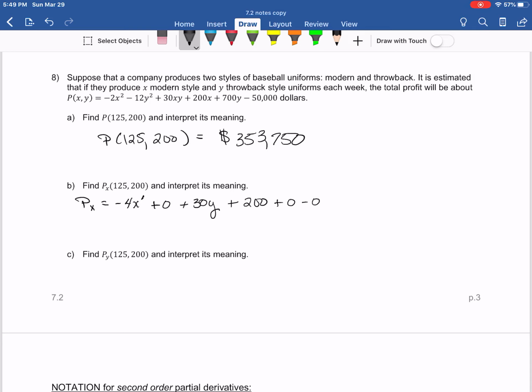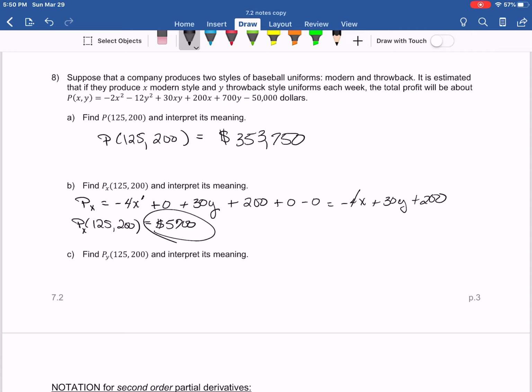I filled in with zeros so that you can see exactly how each term falls out from the derivative, but you don't need those. That's what it looks like without the zeros. Plug in the value 125 for X and 200 for Y, and you end up getting 5,700.